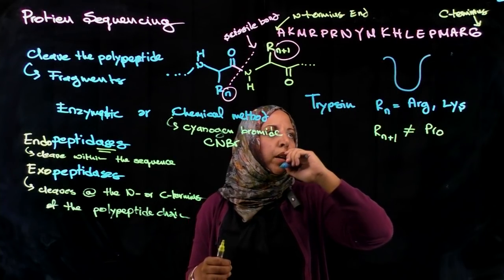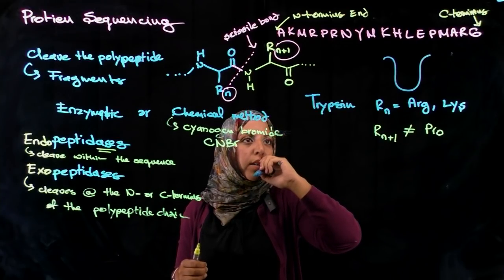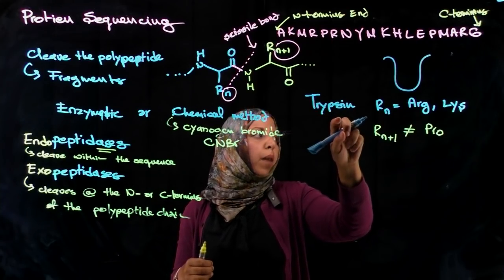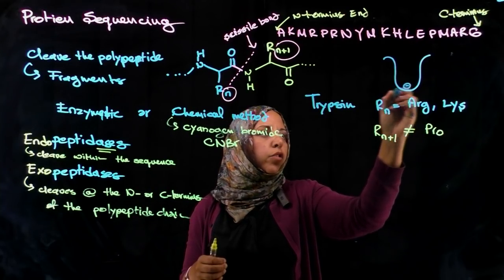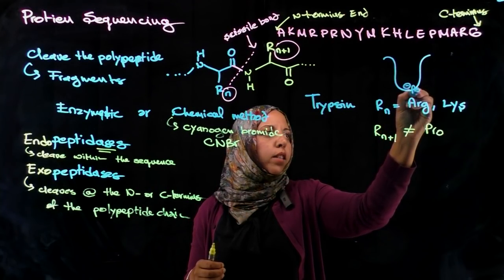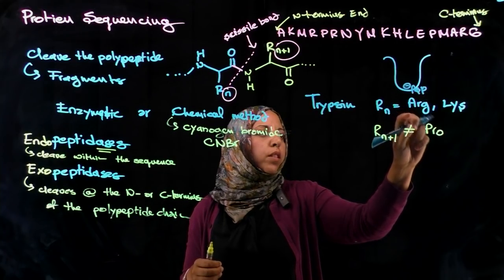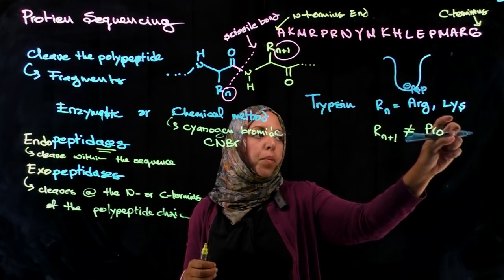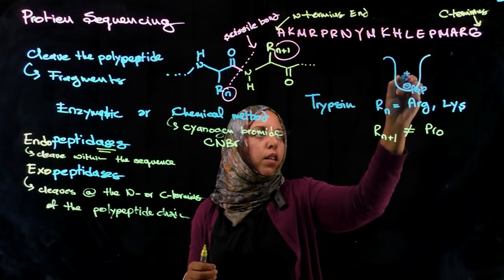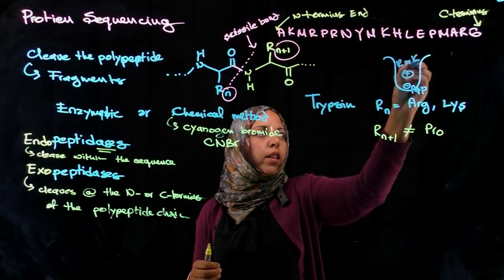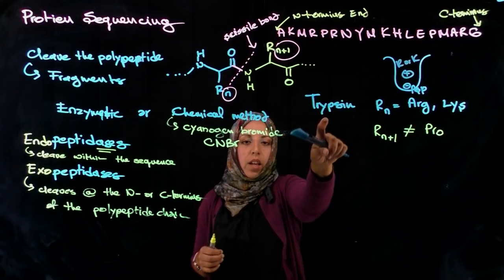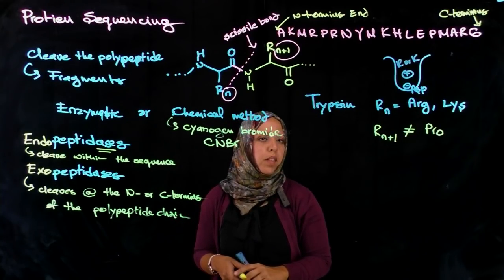So you have the pocket at the active site of trypsin, and that pocket has a negatively charged aspartic acid residue, which will stabilize the positive charge of either arginine or lysine at the active site of trypsin. We'll talk about trypsin quite a bit.